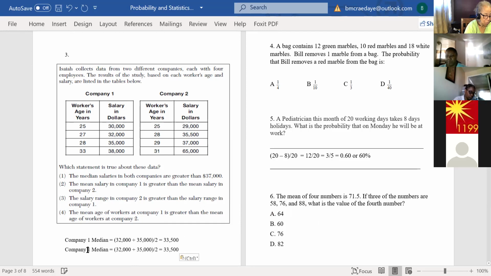We're going to company 2. So the company 2 median would be 35,500. So let's put 35,500, and plus what, Michelle? Plus 37,000. That's right, 37,000.